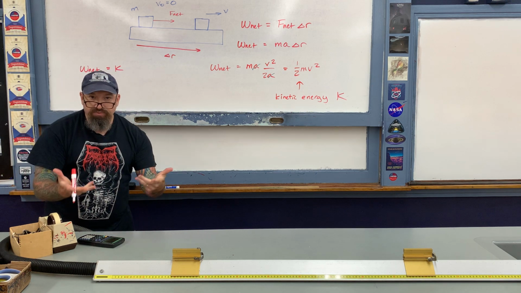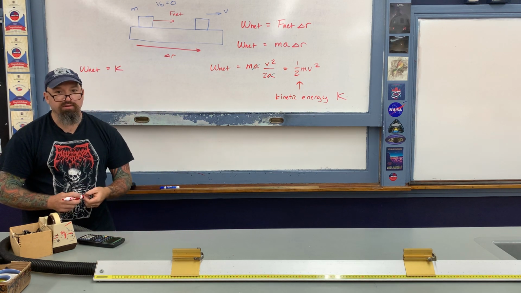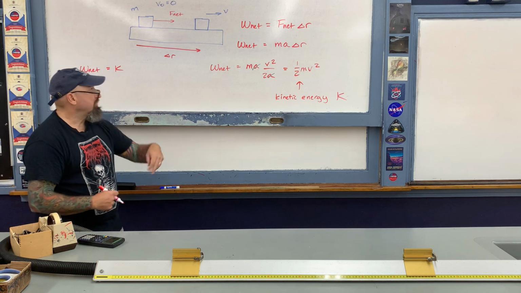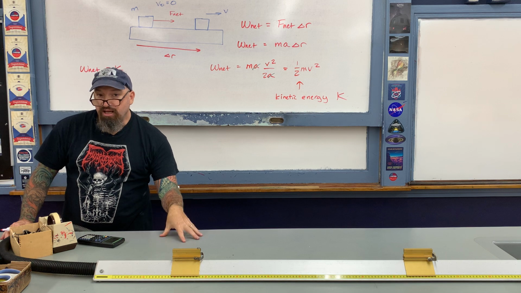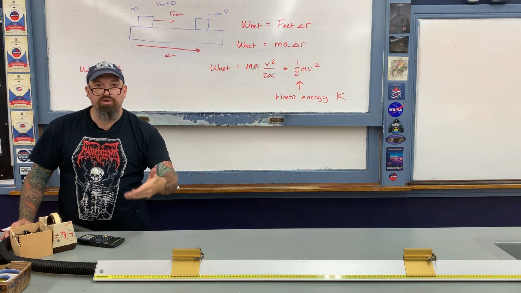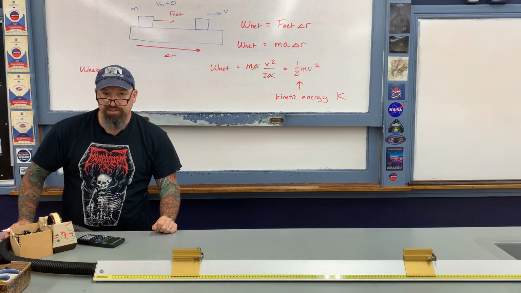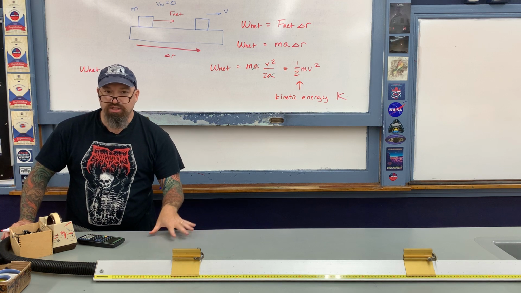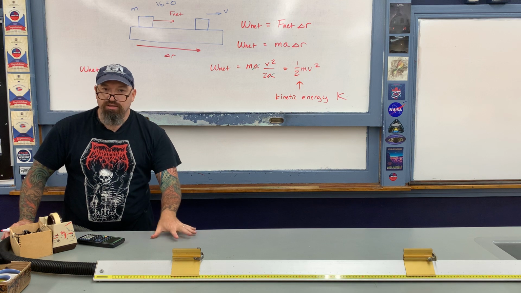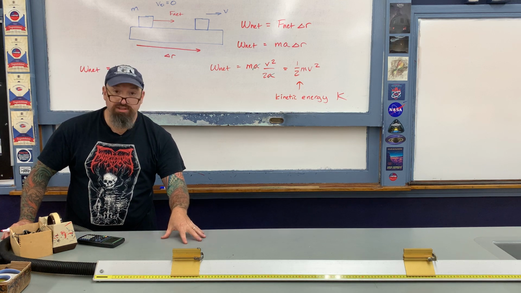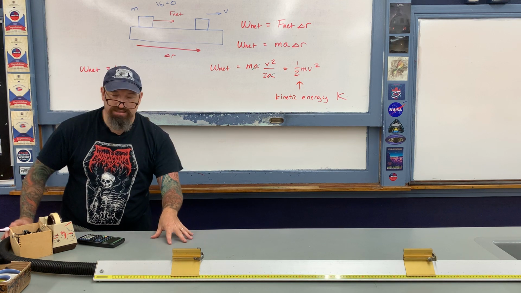Now, I've set up this derivation of the work energy theorem for a specific situation where the object was initially at rest. If the object was not initially at rest, if it was already moving with a speed of v0, for example, then the derivation involves a couple of extra steps. I'm not going to do those steps for us. Instead, I'm going to quote to you what the result of those steps is.